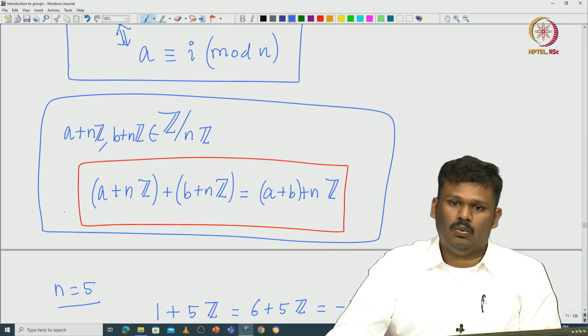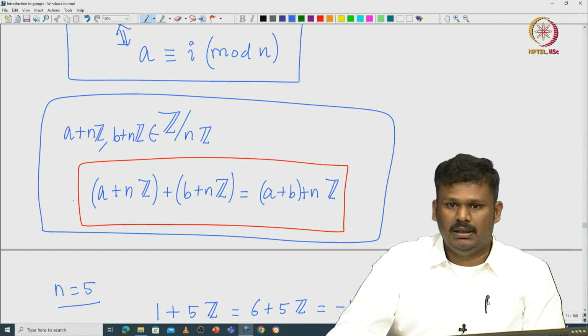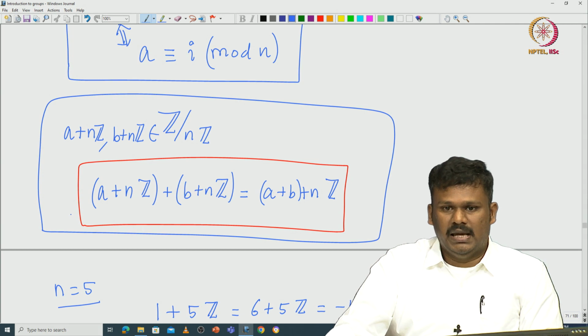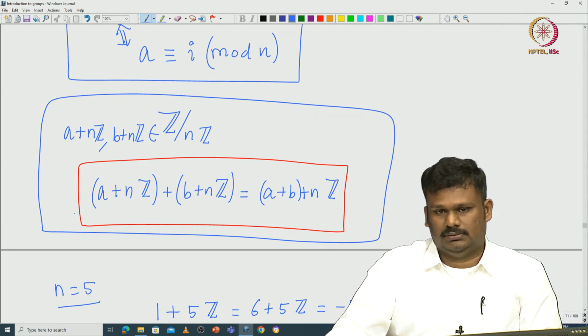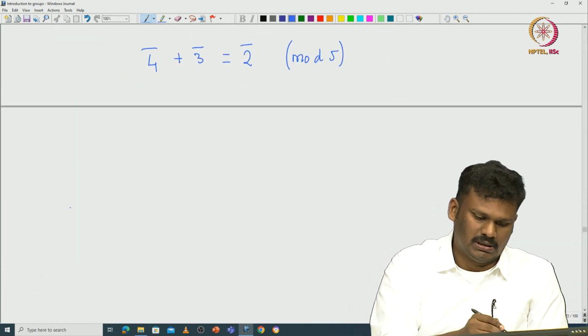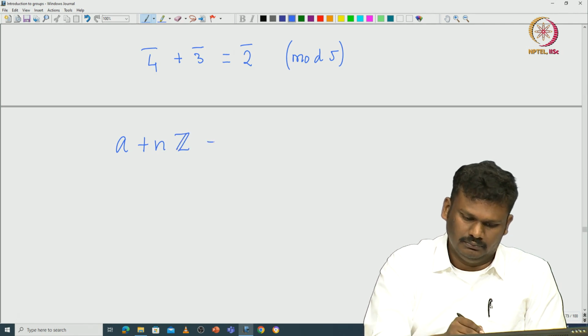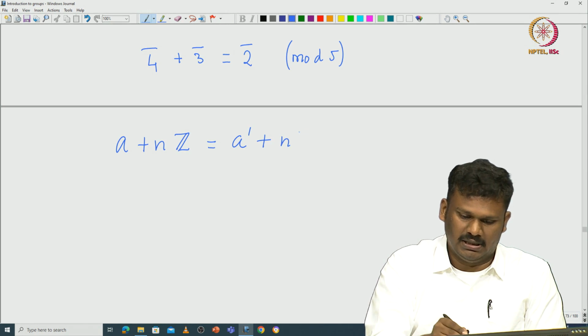Given one set of the form a plus nZ, that may be equal to a dash plus nZ for some other a dash. That can happen. So, let us start with a plus nZ. It may happen that this is the same as a dash plus nZ.